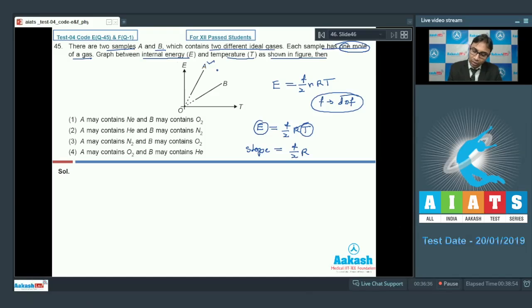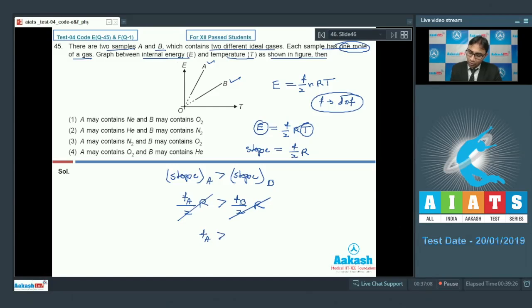So here two graphs are drawn, A and B. From the graph we can say that slope of A is more than slope of B. So if the slope of A is more than slope of B, then degree of freedom of A divided by 2 into R will be more than degree of freedom of B divided by 2 into R. So R by 2 will cancel out, and degree of freedom of A will be more than degree of freedom of B.